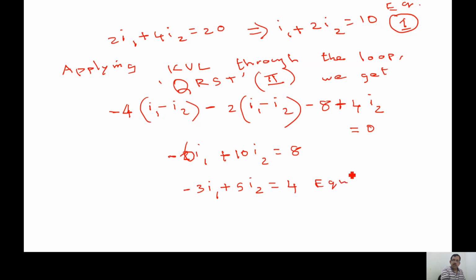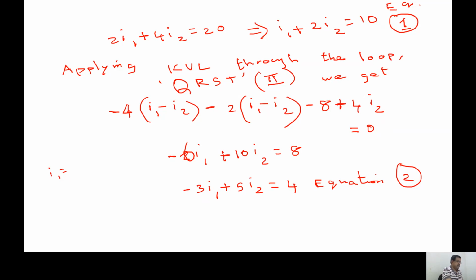I am going to give the answer to these solutions quickly here. This is my equation 2. If we solve these equations, the first equation is I1 plus 2 I2 equal to 10.